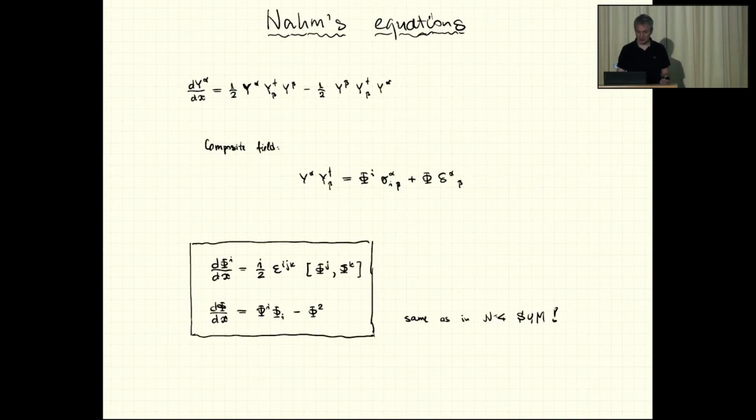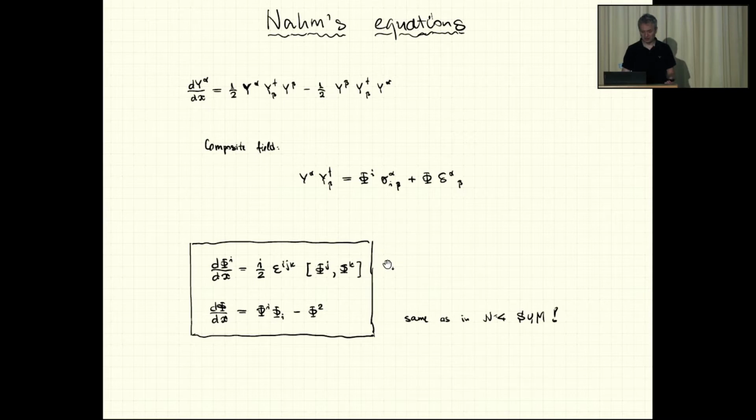But nicely, these equations can be written in the form that appeared many times before, and in particular in N equals 4 super Yang-Mills. So if we write the equations for composite fields, namely for a bilinear of the original scalars, then we can expand them in Pauli matrices. Because the indices alpha and beta run from 1 to 2, it's natural to decompose them in the basis of Pauli matrices.